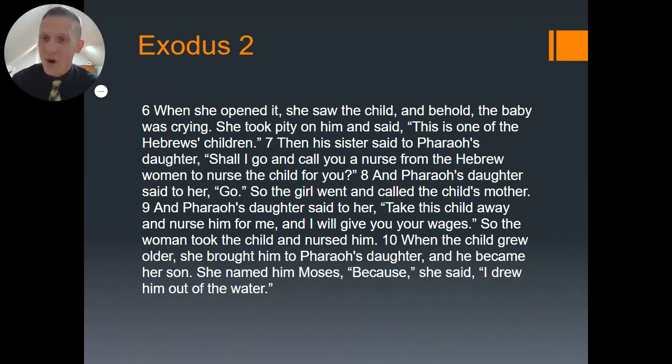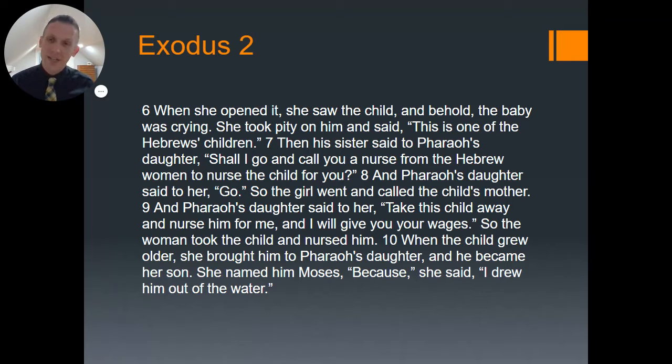What's Pharaoh's daughter's story? Well, we don't know. We don't have any idea what her story is. So we're left to speculate, right? Could it be that she's got a big family of her own and loves kids? Maybe Miriam knows this. Maybe she's simply deeply compassionate.